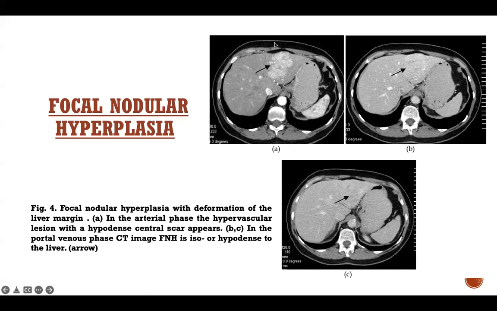As we see here, this is the arterial phase. The arterial phase means when the blood enters the arteries of the liver. Okay. Portal phase is when the blood enters the portal system of the liver. We see here the lesion during the arterial phase.